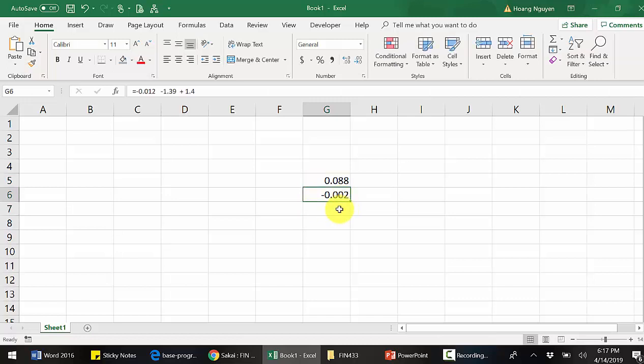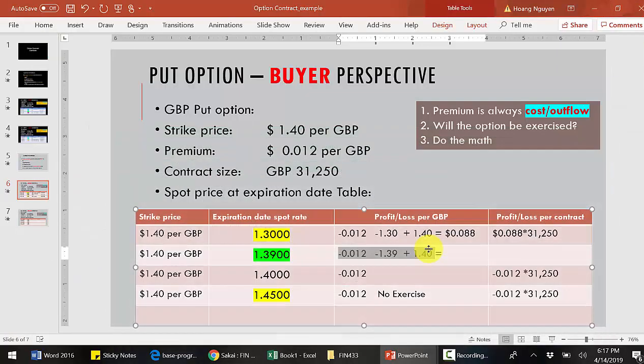Your loss now is 0.2 cent, negative 0.002. So you can see that if you don't exercise, here is your total loss. Now, if you exercise, yes, you still suffer a loss of 0.2 cent, but at least you can recover the majority of your investment, right?